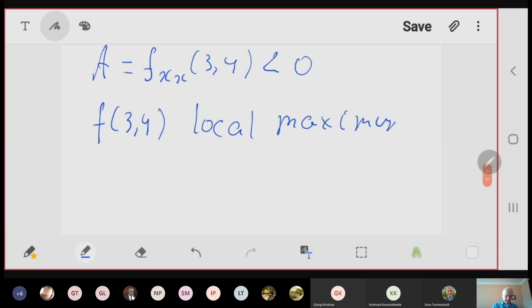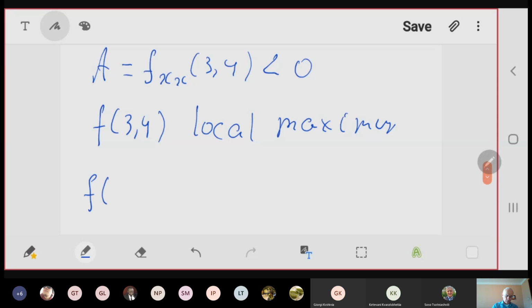And now I think it's easy for you to find f(3,4). What is the value of f(3,4)?